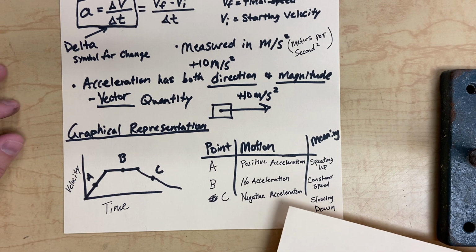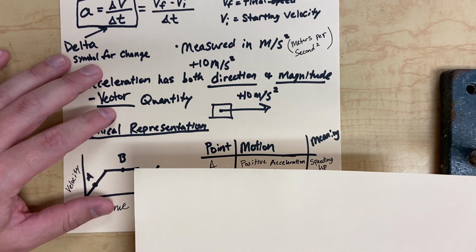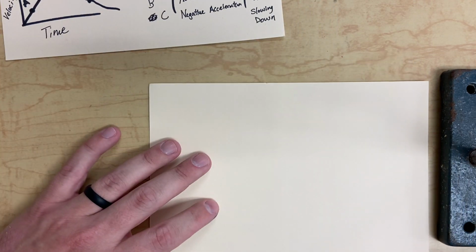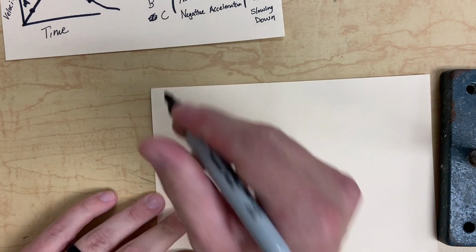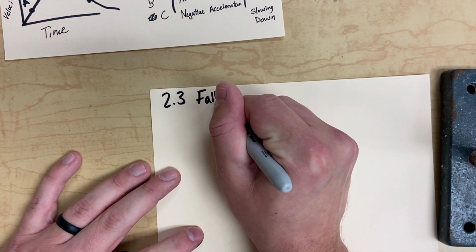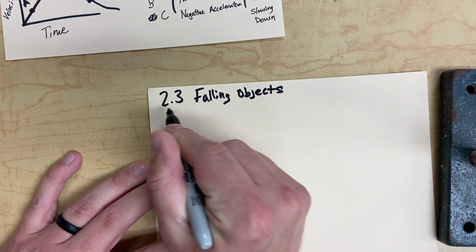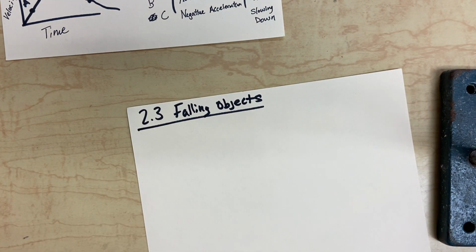What you might not have spent a lot of time with is how gravity and acceleration interact together. So this is actually technically section 2.3 in your book. It has to talk about falling objects. Okay, so we're going to talk about falling objects real quick.